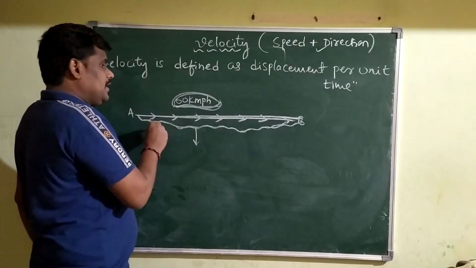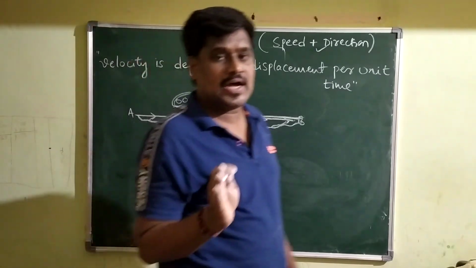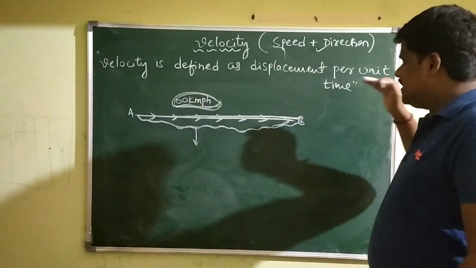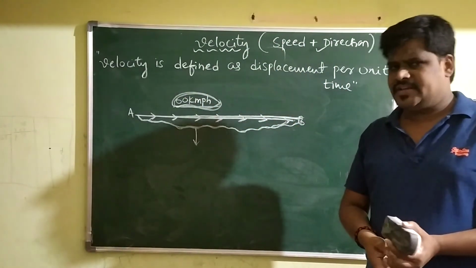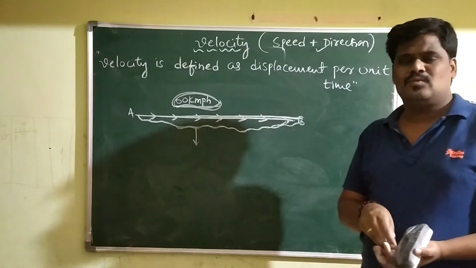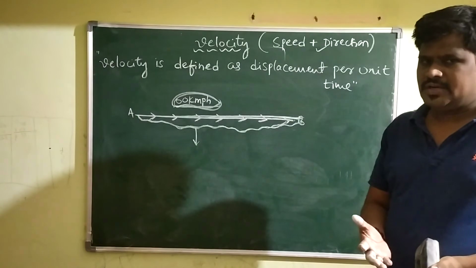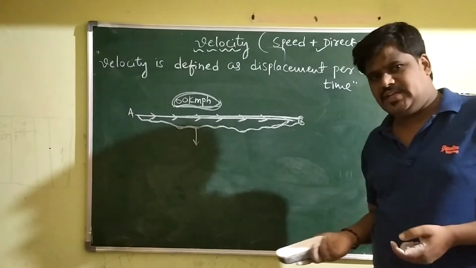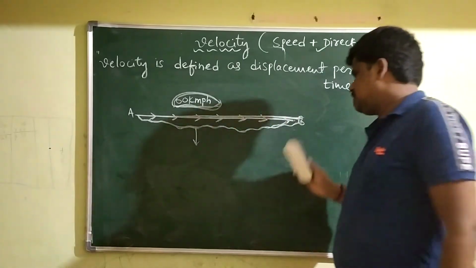It means speed and velocity both are the same provided the body moves along a straight line. If it is moving along a straight line, then speed and velocity are taken as the same physical quantities. If the direction changes, definitely velocity will be different from the speed.